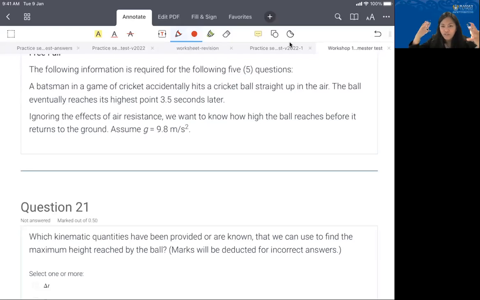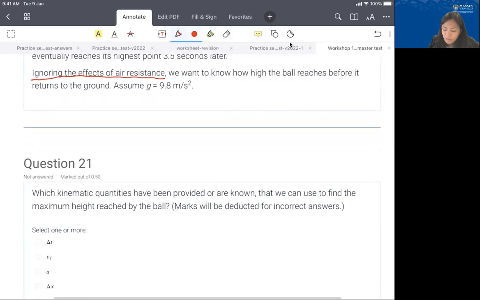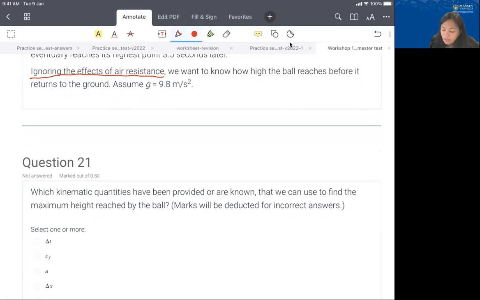You can think of this as throwing a ball up and the ball going down. The ball reaches its highest point 3.5 seconds later, ignoring air resistance. That's your clue for free fall, although we clearly identified it as a free fall problem anyway. How high does the ball reach before it returns to the ground? And we've given you g.